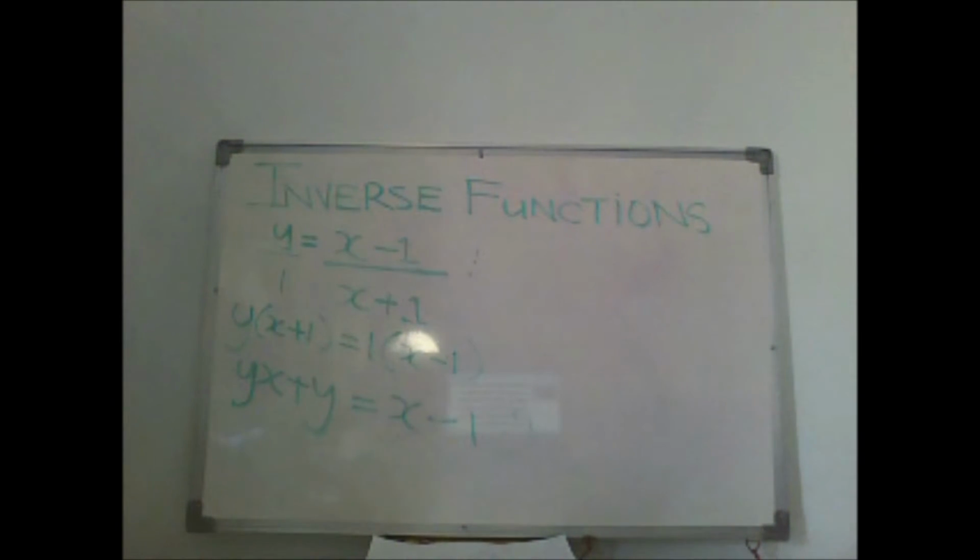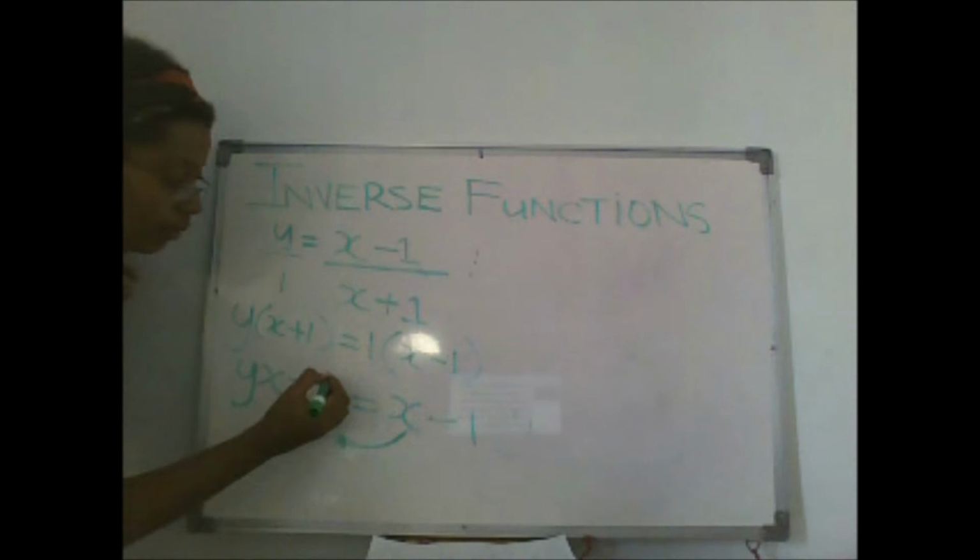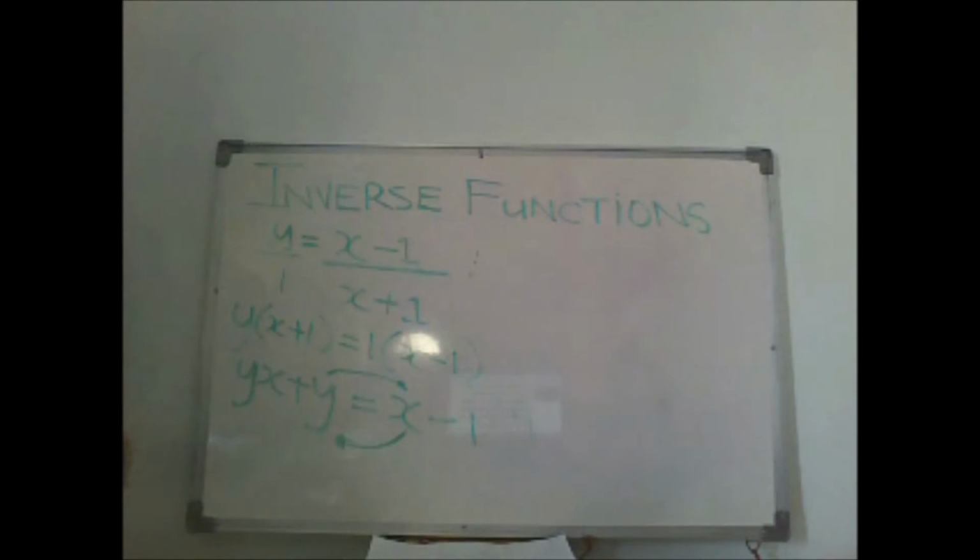So what we need to do is get x on one side and what's not related to x away. So we want to get this x over here with this x and put the y over by the 1 because we don't need it. So bring this x over here and we'll bring that y over there.